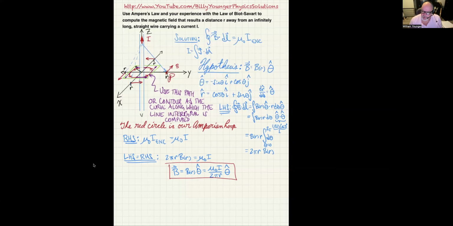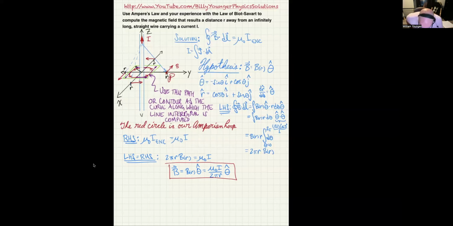When they opened up chapter 27, I think it was, they just said there's a magnetic field that exists as a result of a current. That magnetic field is mu 0 I over 2 pi r. We have the magnitude now, and we've used our understanding of the law of Biot-Savart to figure out the direction, and hopefully that'll help.